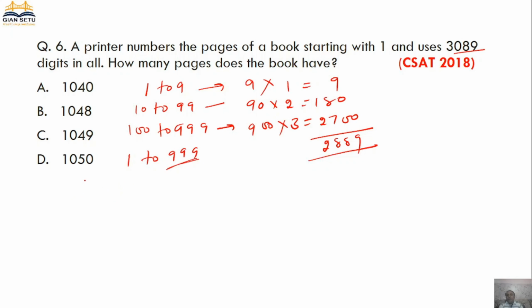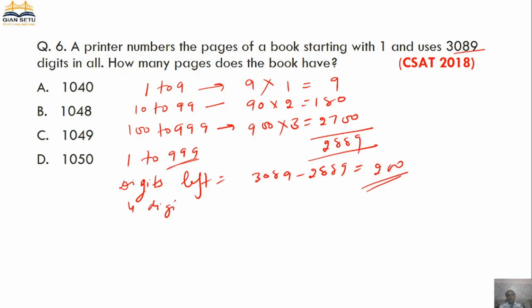Now for printing 4 digit numbers, how many digits are we left with? Let's see. Digits left: 3089 minus 2889, it is equal to 200. So how many 4 digit numbers can we print? 50.